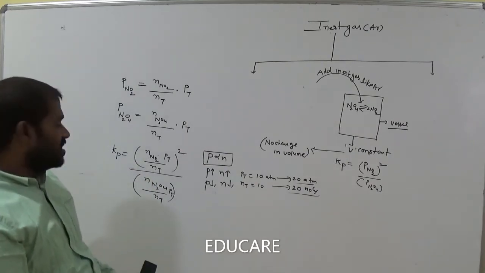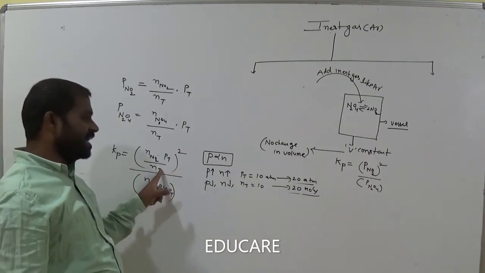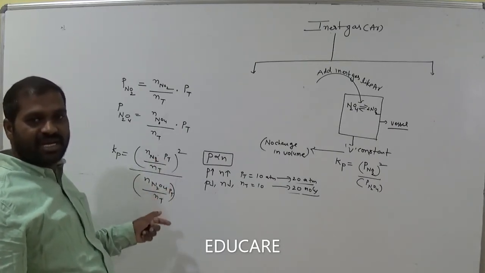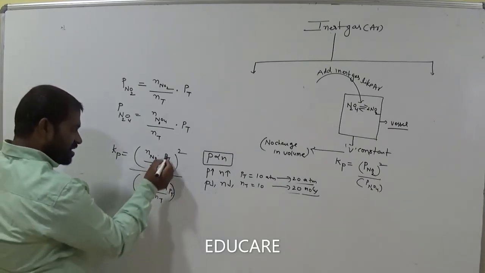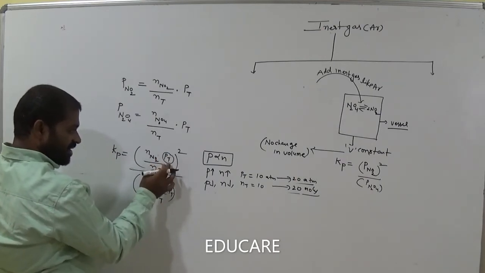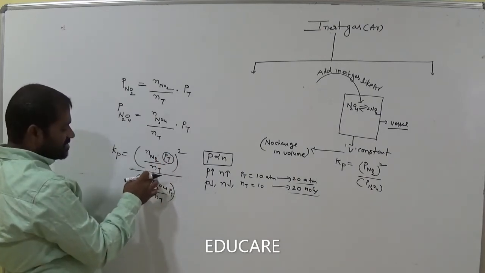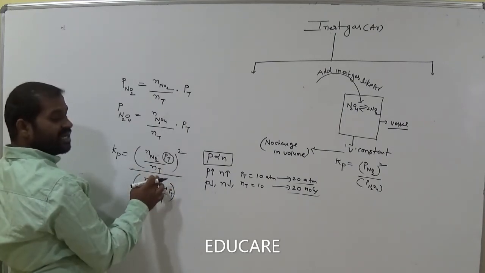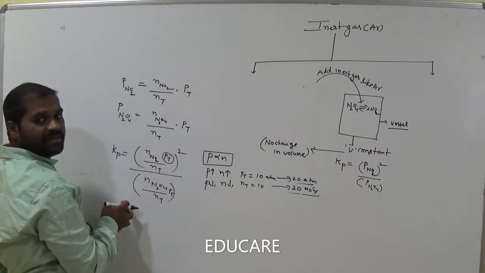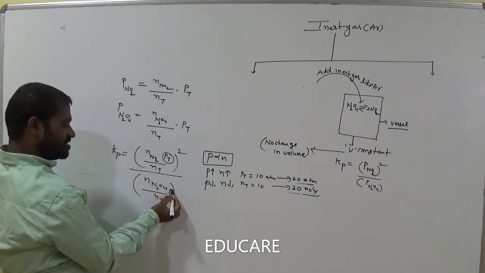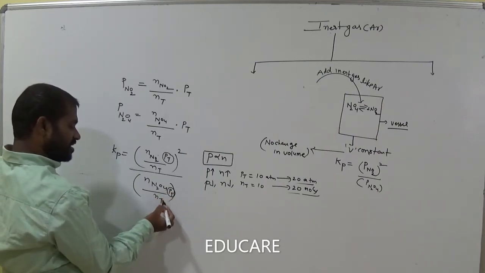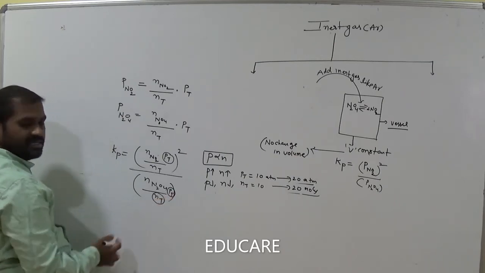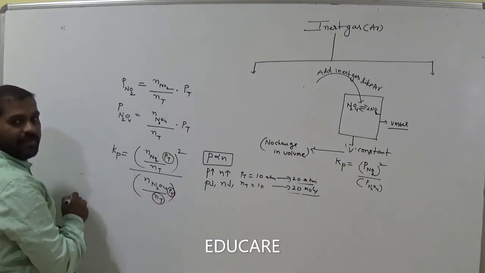Suppose the total moles is 10. Both are cancelled or not? One is present at the numerator, another at the denominator, am I right? If one increases, the other also increases. Both are cancelled. So there is no effect of pressure and number of moles in this case, and there is no change in the Kp value.